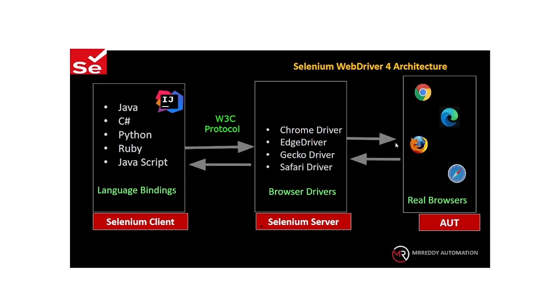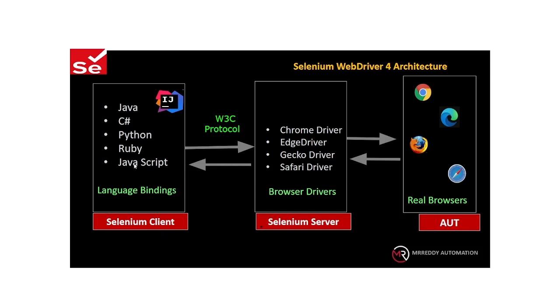Gecko driver has the Firefox browser. Safari driver has the Safari browser. Once the browser driver receives code instructions from language bindings, it will run the code on the respective browsers and send back results to the Selenium client through the W3C protocol.